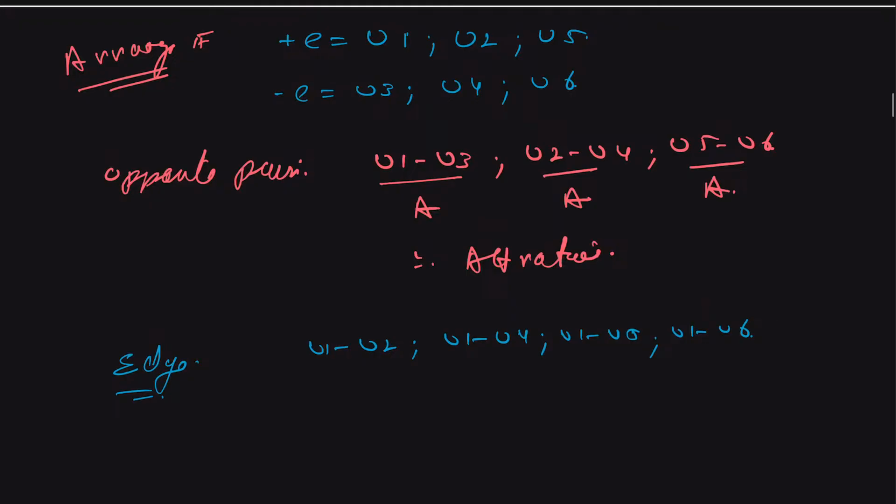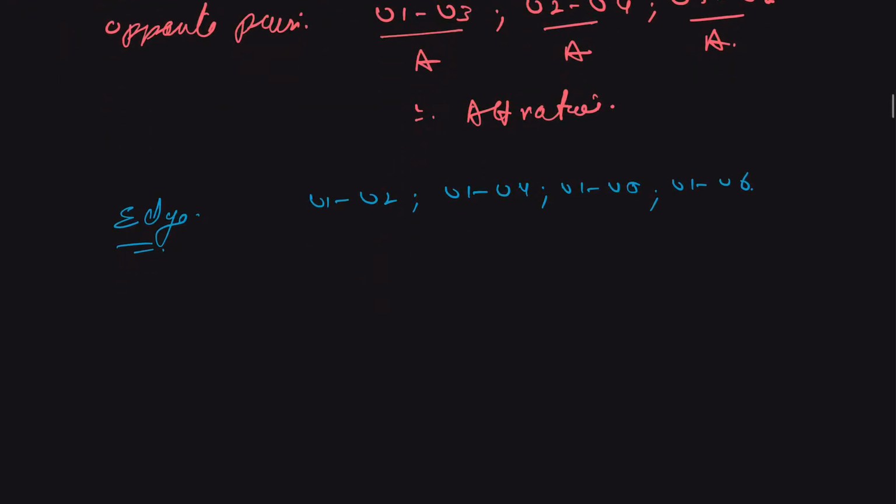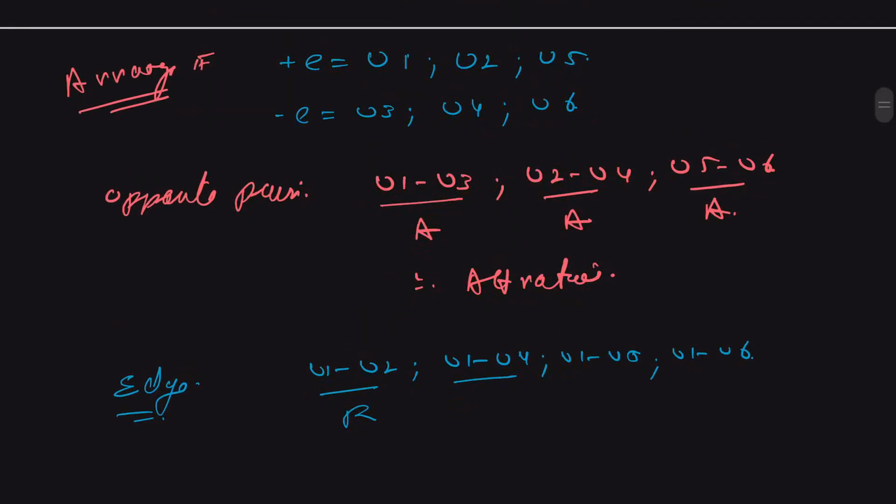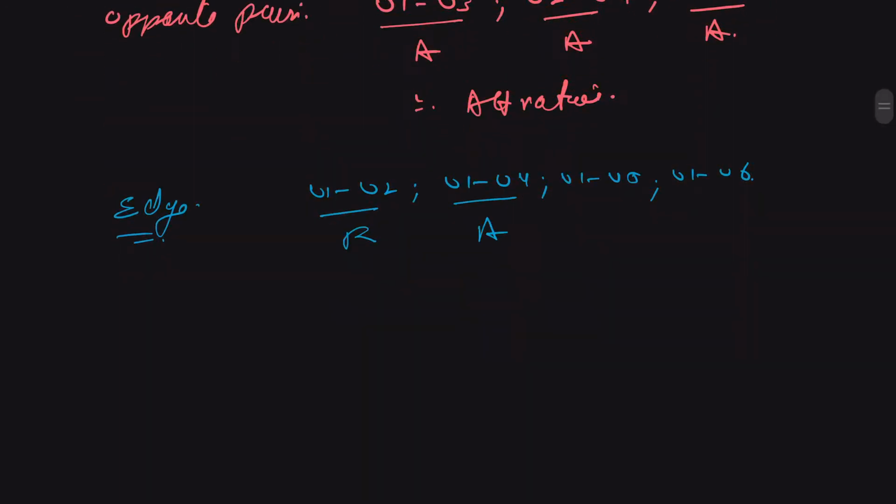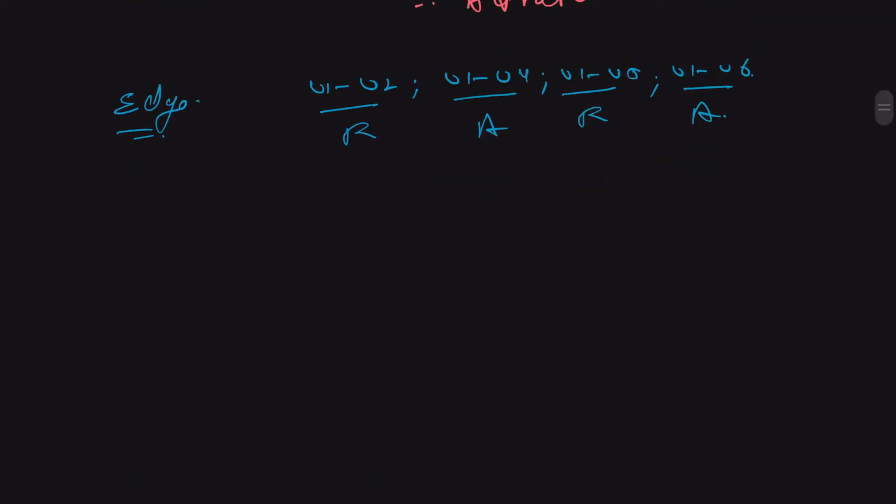V1, V2 have the same charges, so this will be repulsive. V1, V4 have opposite charges, so this will be attractive. Similarly, this will be repulsive and this will be attractive. Therefore, from this we can say we have 2 repulsions and 2 attractions.